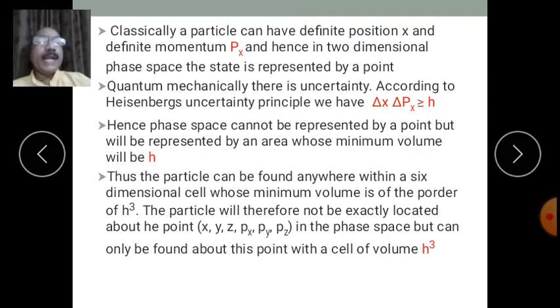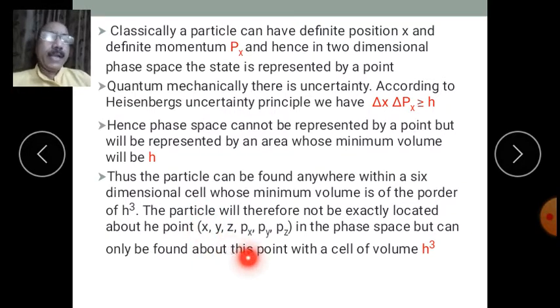If these are the coordinates of the phase point, these are the coordinates of a point of a particle representing position and momentum. So we cannot say that the particle will be definitely found at this position x, y and z, but as there is uncertainty in the measurement of position and momentum, the particle may be found within a space having a volume h cube.